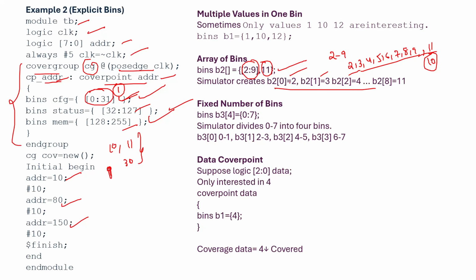But here it is not like that: I need to hit all the values, 2, 3, and 4, all these bins must be hit. Clear? Any doubt in this?